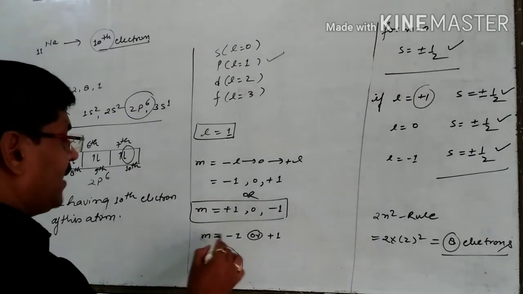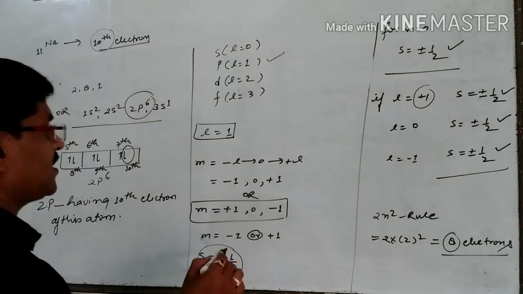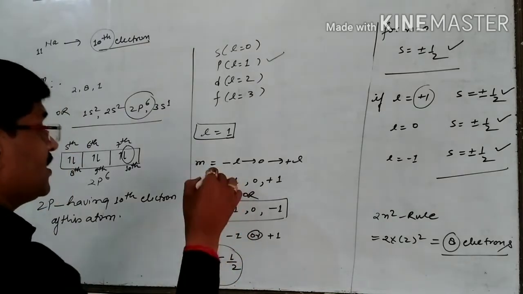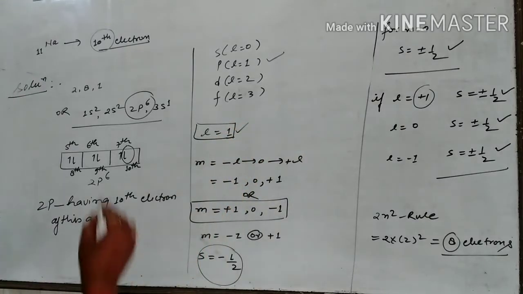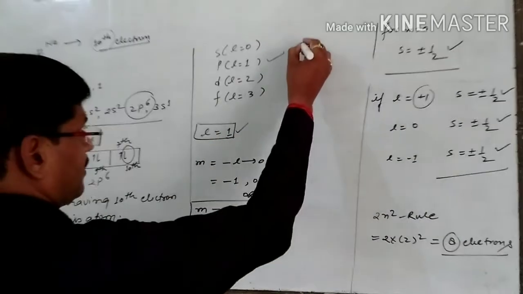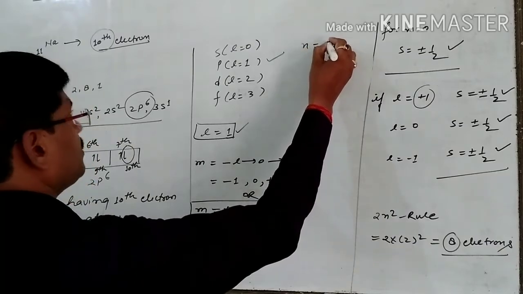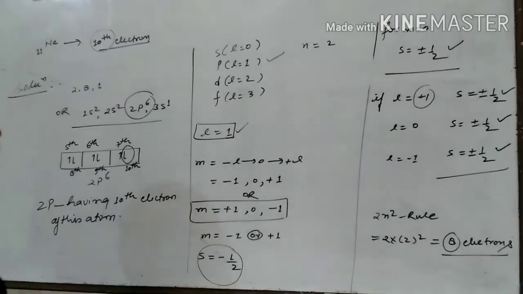m is minus 1 or plus 1, and before this you are seeing here l is equal to 1, and n easily you can mention n is equal to 2.